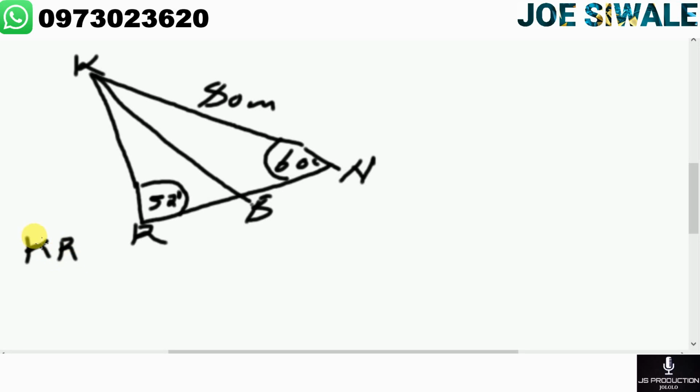Find KR. So to find KR, let me identify first the things that have been given. I've been given the angle at R, I've been given the angle at N, I've been given the length KN. Then I also know that NB, that's 50 meters, and I'm told to calculate KR. So here I need to know which formula I am going to use. Is it the cosine rule, or is it the sine rule?